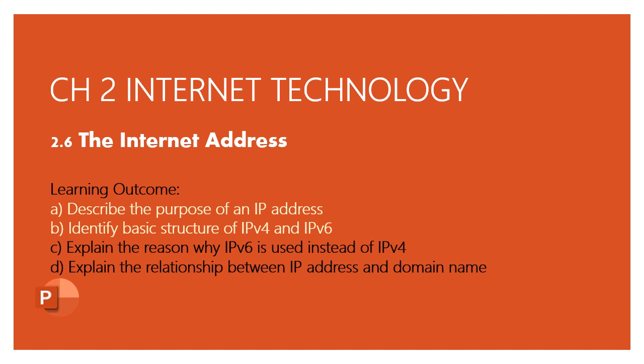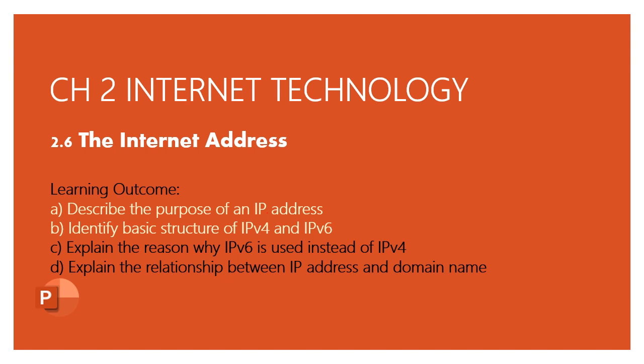You should also know the type of communication device such as router and switch. And you should also know the category of transmission media, which is wireless transmission media and physical transmission media, such as twisted pair cable and coaxial cable.